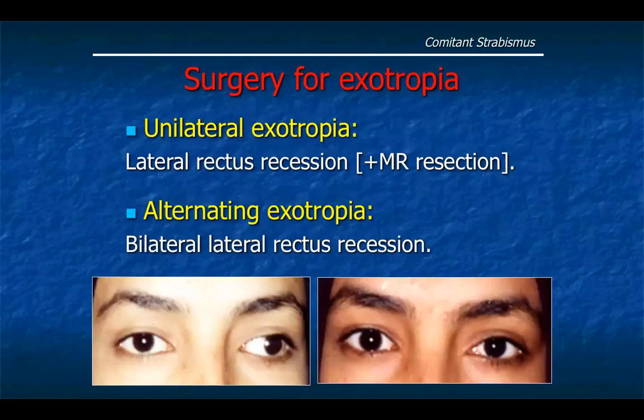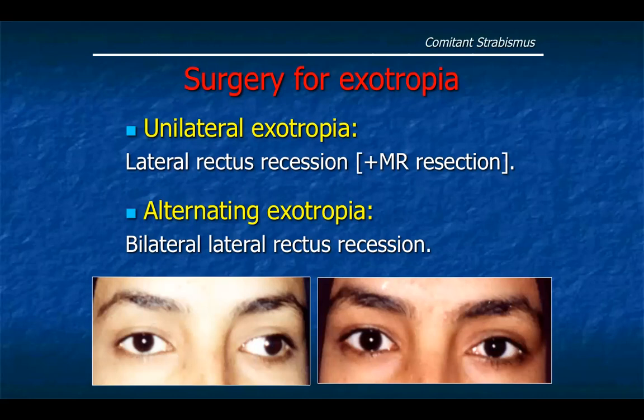Surgery for exotropia. For unilateral exotropia, the classic treatment is unilateral lateral rectus recession and medial rectus resection. So we weaken the overacting lateral rectus muscle and we strengthen the medial rectus muscle to pull the eye inwards and straighten the eye.